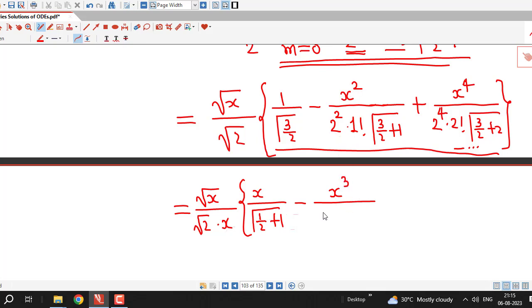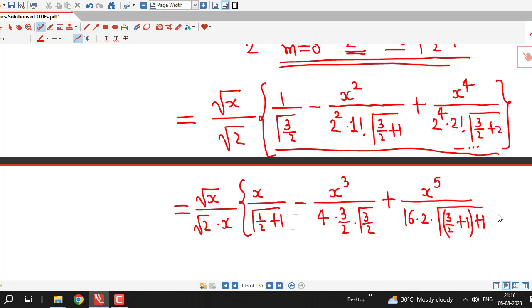Here I will have 2 raised to 2, that is 4. 1 factorial is 1, and using the property of gamma function, gamma 3 by 2 plus 1 is 3 by 2 times gamma 3 by 2 plus, here also I have to multiply by x, so I will have x raised to 5. 2 raised to 4 is 16 into 2, and gamma 3 by 2 plus 2, that we can rewrite as 3 by 2 plus 1 plus 1, and next term will be negative.